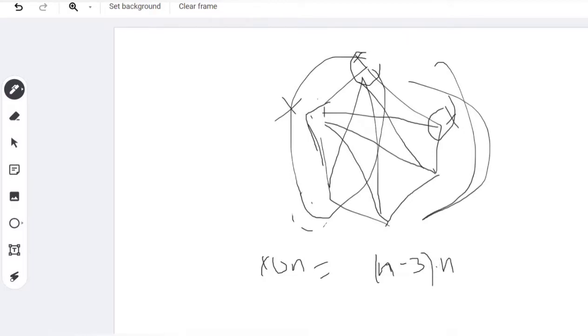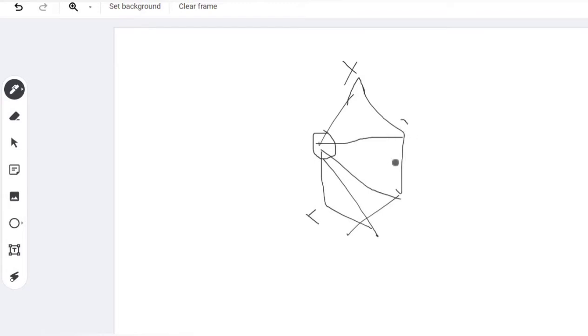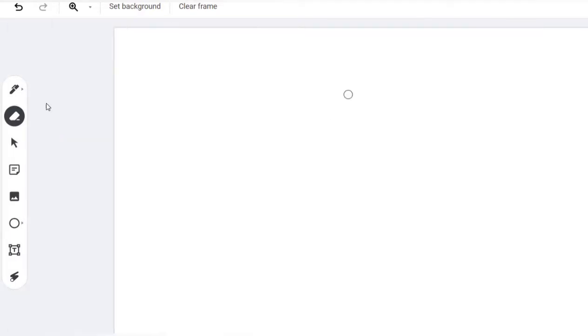But you have to see that, suppose there is this connection. This computer cannot connect to this, cannot connect to this, but it will connect to this. Now if we see this one, it cannot connect to this, cannot connect to this, so it can connect to this one, this one, and this one.